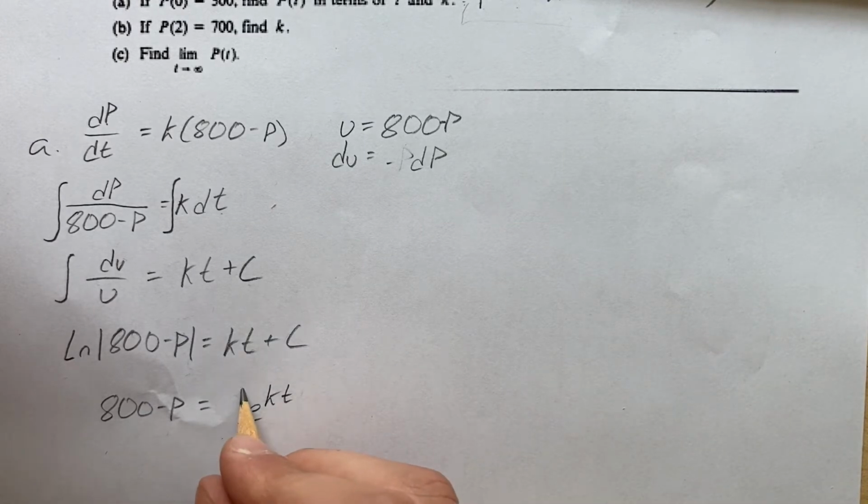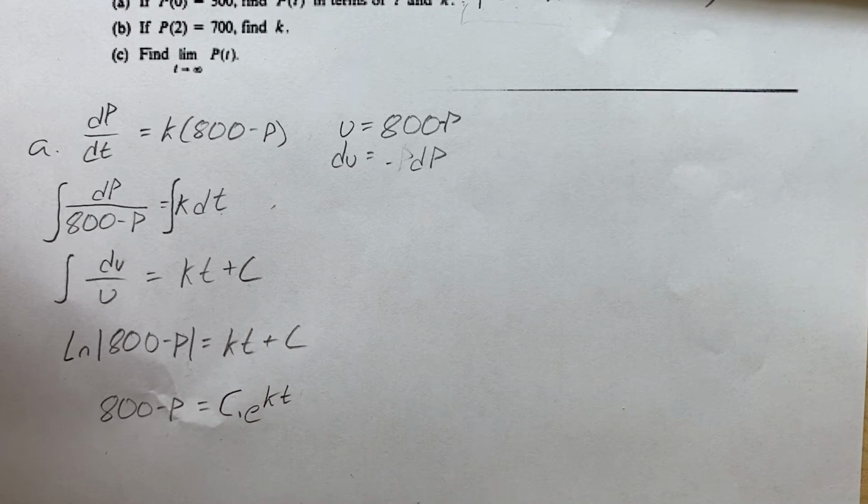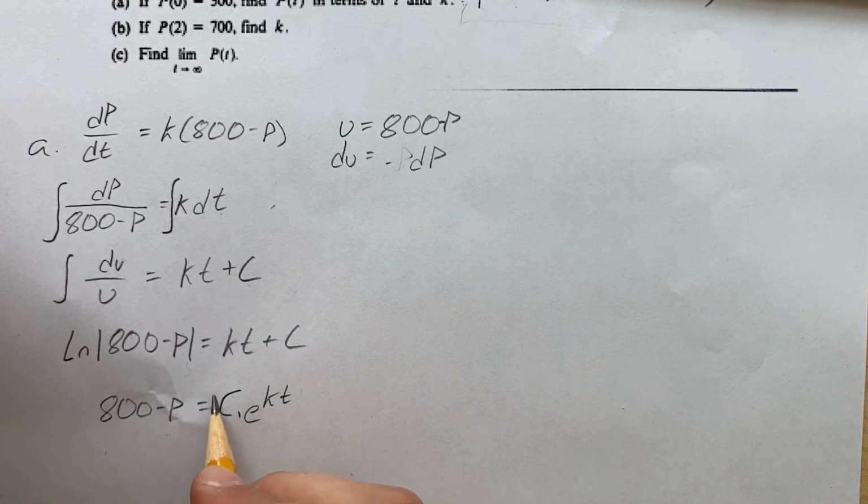So I'll take this out, and I'm going to call it C1, just because it's going to be a different value from this original C. I should note this would technically be plus or minus since we're dealing with the absolute value. But remember, in this instance, we're not going to have a negative number of wolves, so it's fine just to leave this as C1.